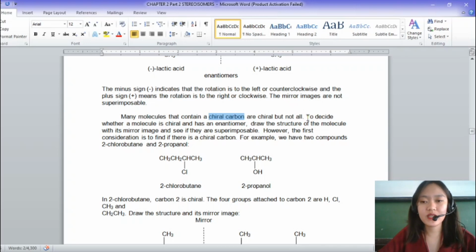So, paano mo malalaman if chiral carbon siya? Okay, so how will you know if it is a chiral molecule? To decide whether a molecule is chiral and has an enantiomer, draw the structure of the molecule with its mirror image and see if they are superimposable.